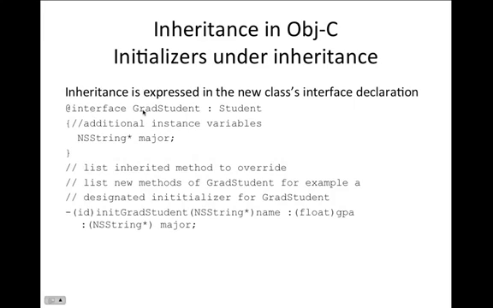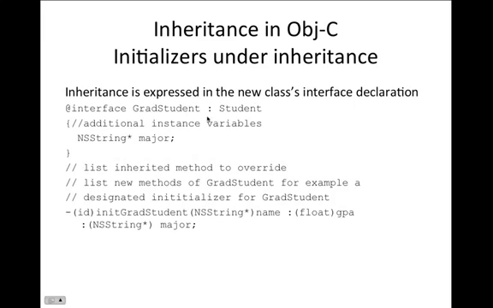Here we have interface grad student colon student. So this is the inheritance part of it, and that's very C++-like, except there are no access methods. In C++, we'd see grad student colon public student or something, and we never see NSObject on there either. We never see from object, but everybody's inherited from something in this language.